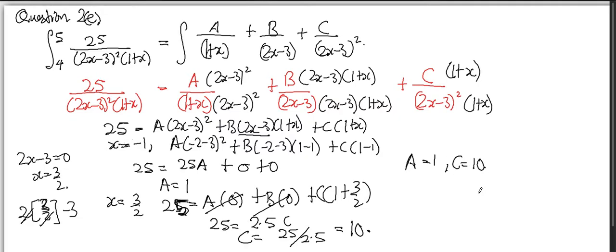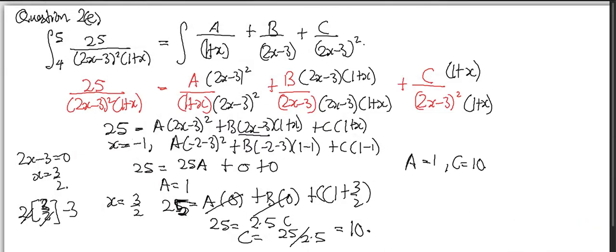Now, what is B? To find B, we already have 25 over (2x minus 3) squared times (1 plus x), and this is equal to, A is 1 and C equals 10.